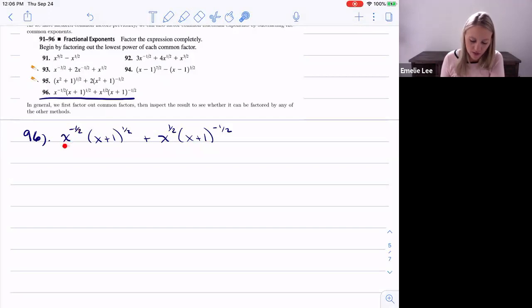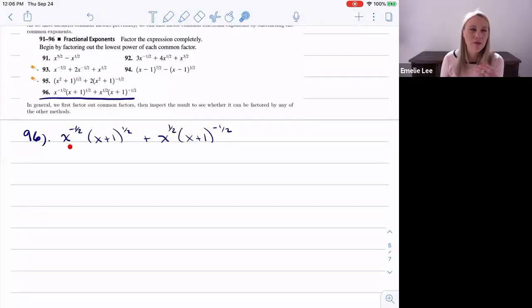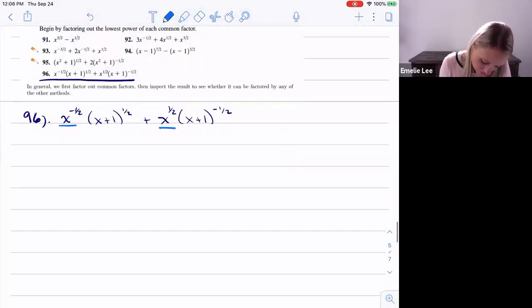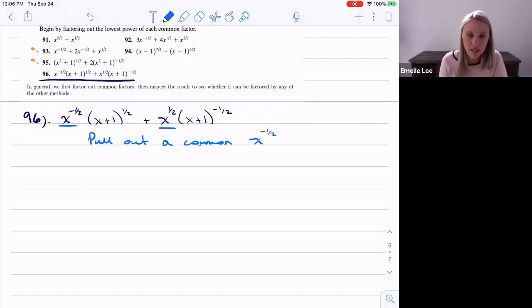If I focus on the x to the negative 1/2 and the x to the 1/2, x to the negative 1/2 is smaller than x to the 1/2, right? And so I'm going to pull out a common x to the negative 1/2.